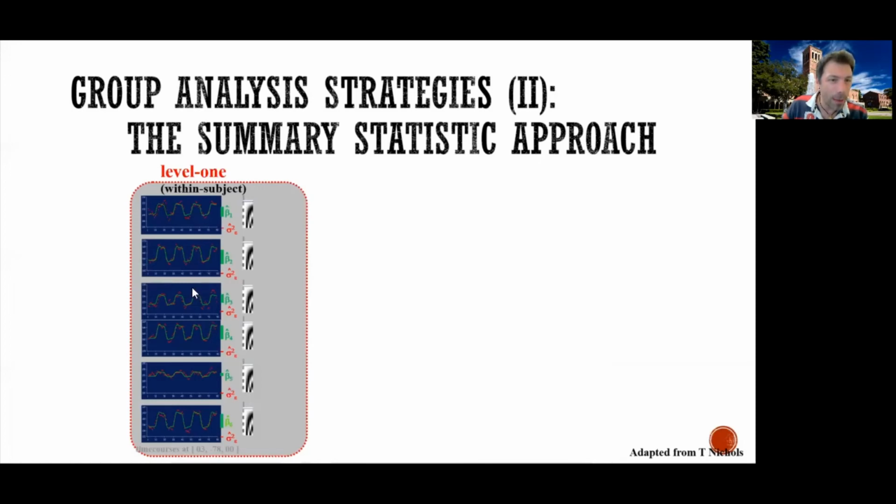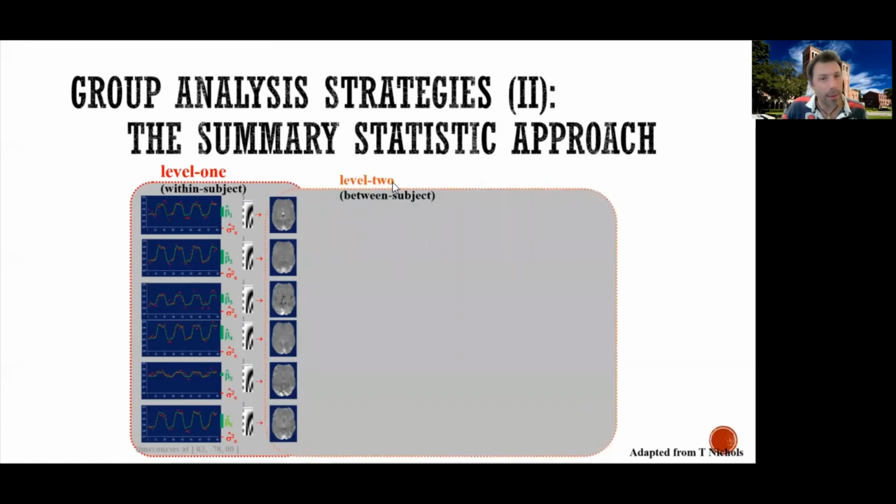So for every subject, we run a first level GLM, and for every voxel, we get a beta, an estimate of the effect, and an estimate of the variability within. Then we take this result across the whole brain, and we carry forward these betas into the second level.